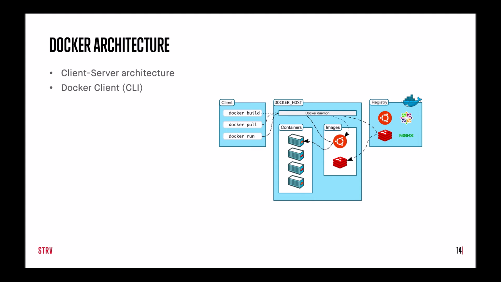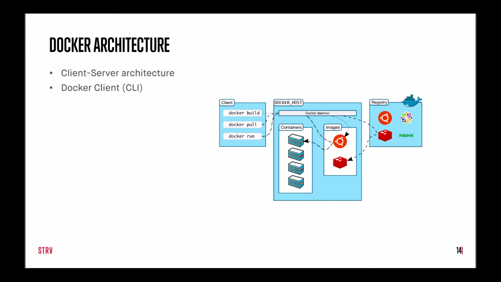I will explain later. So the first thing is the Docker client, the CLI, which is the first thing that you can interact with through your terminal. It contains many commands available, like docker build, pull, run. Everything has a different purpose, of course.